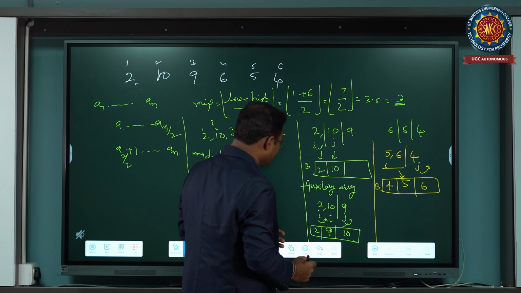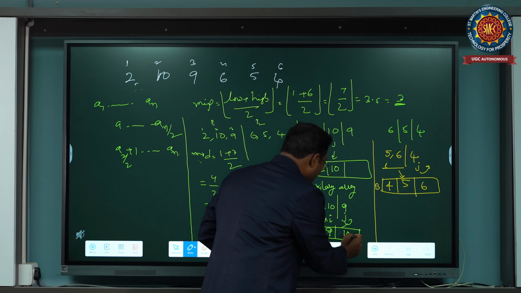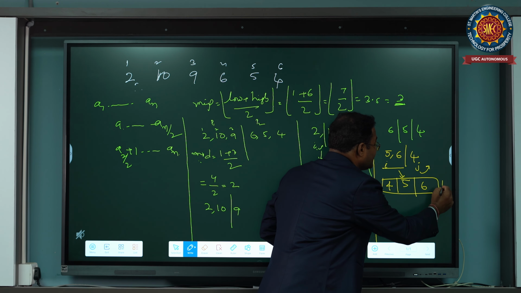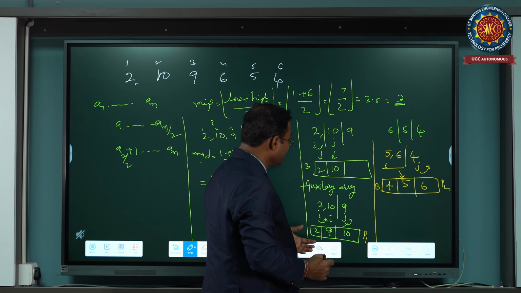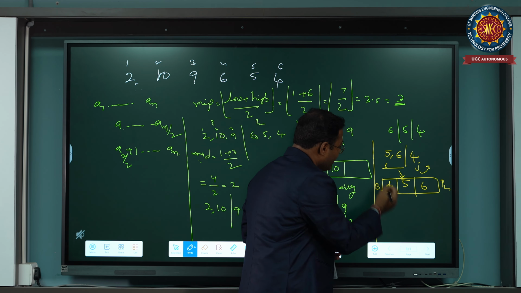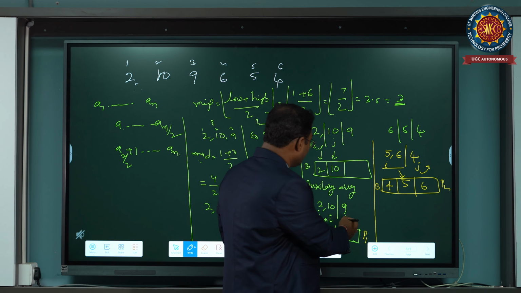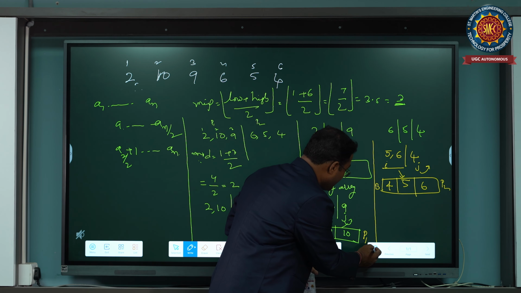Now the solution is 2, 9, 10 as one sub-problem solution, and 4, 5, 6 as one more sub-problem solution. Then we have to merge it again. Two sub-problems we have to merge.